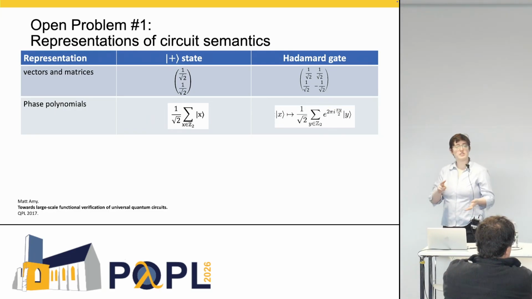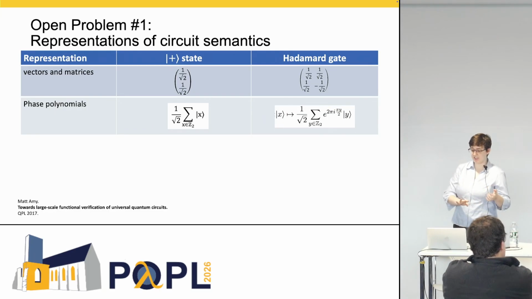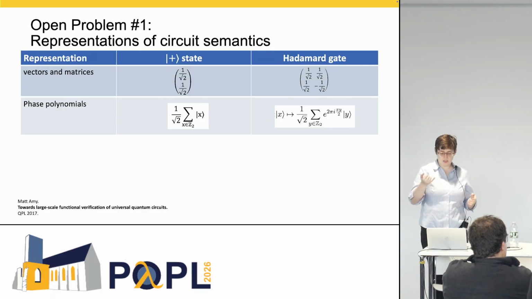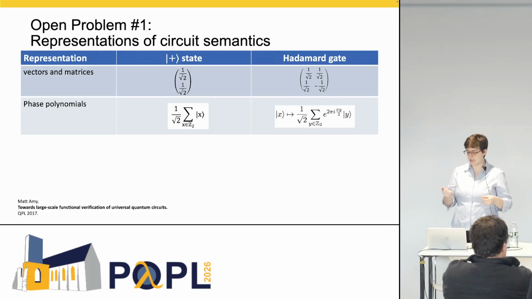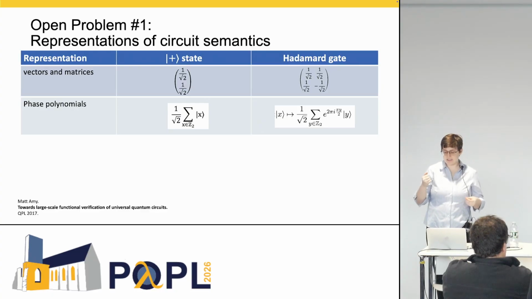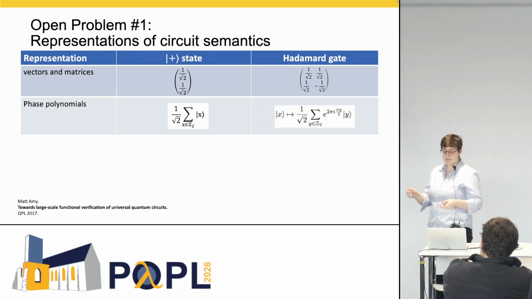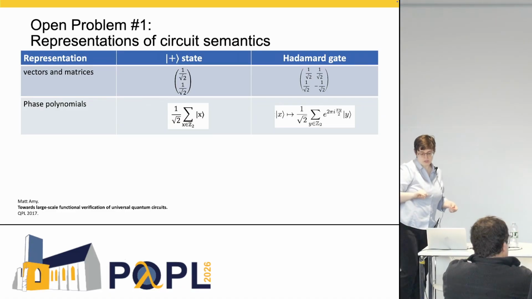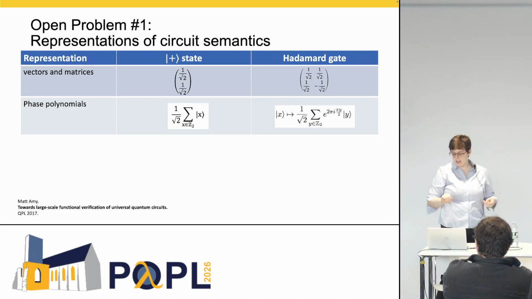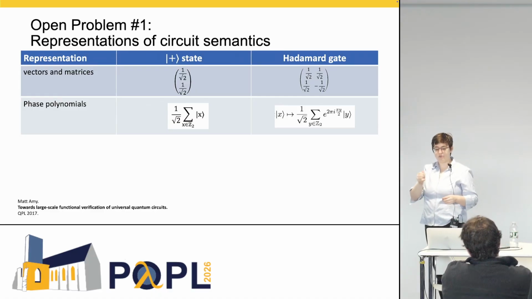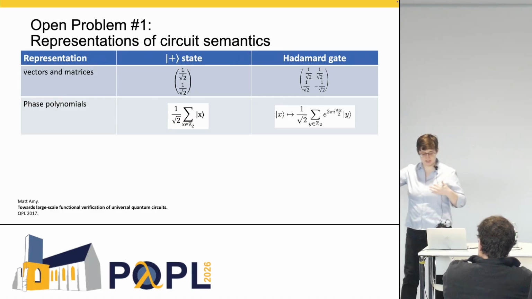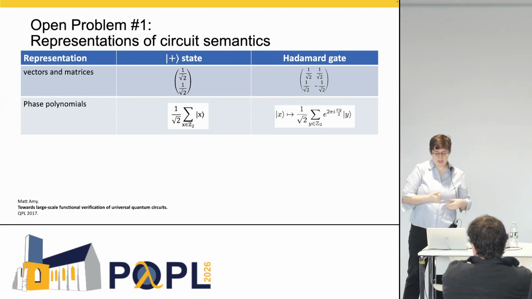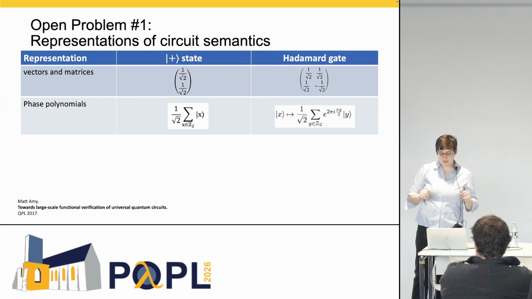Here's another example, which is the phase polynomial representation, which encodes operators like Cliffords and measurement as maps from the basis state, like x, so this is on the right here, to an algebraic formal sum of other basis elements, so that's a sum over y, with some coefficients.